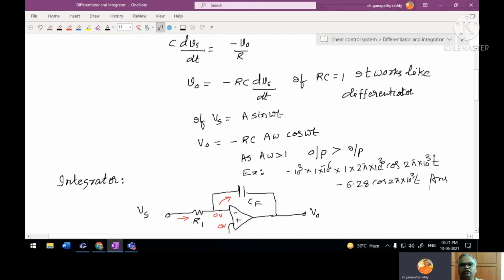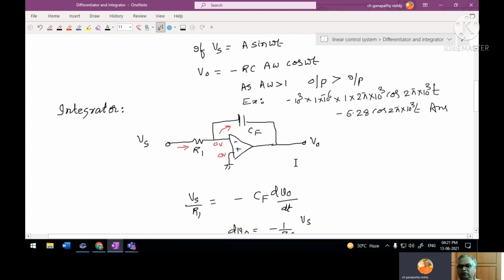We can take 2K, 3K. The output strength depends on the input signal frequency. Not only that, it also depends on the RC value. So the effective amplification is decided by RC, the input amplitude and omega. All of them decide the output signal strength.